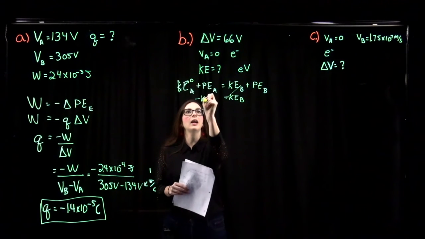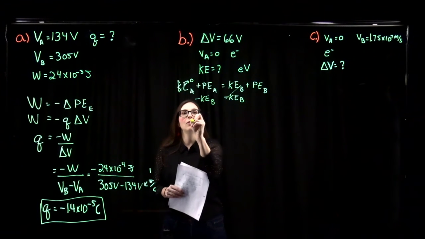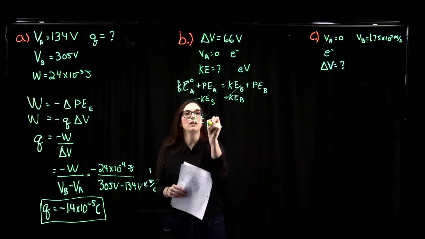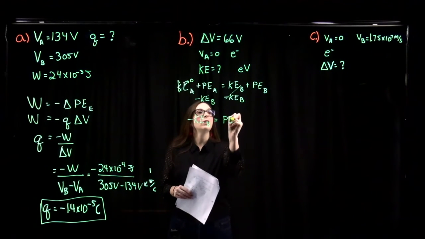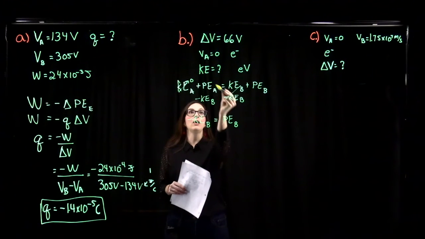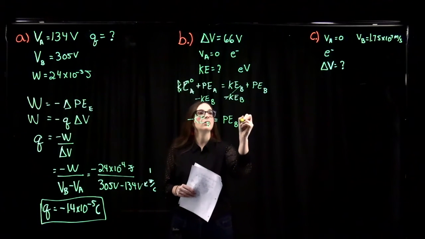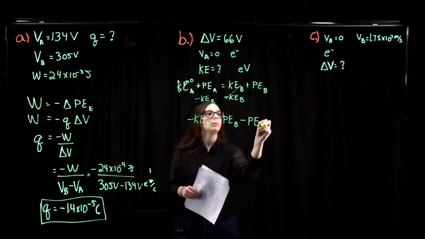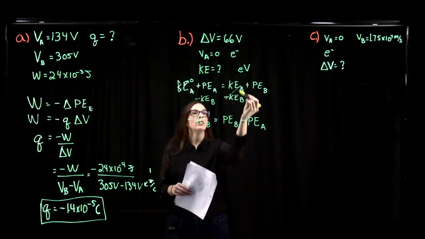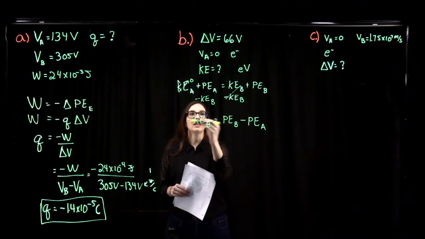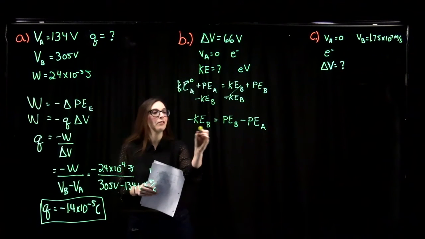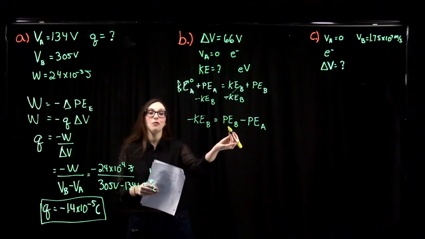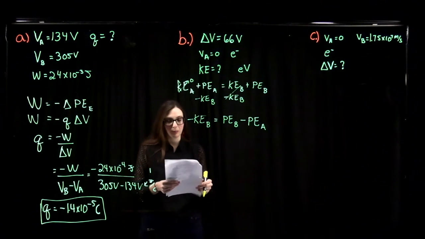Minus KE sub B, that's my final kinetic energy, equals my final potential energy, and I'm going to subtract now my initial potential energy to the other side. So then I'm left with this equation: minus my final kinetic energy is equal to my final potential energy minus my initial potential energy.